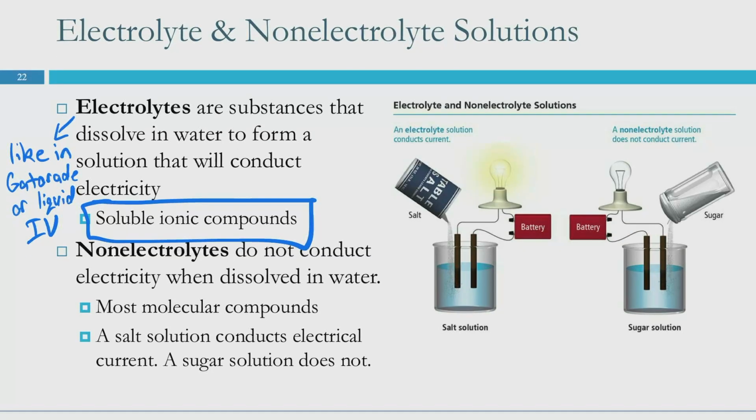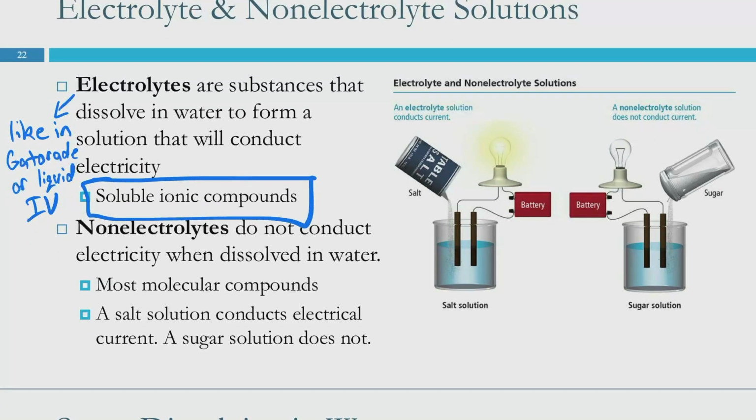There's also non-electrolytes. So a non-electrolyte solution does not conduct electricity when it's dissolved in water, and this includes most molecular compounds, like sugar. So the way that sugar dissolves when it's put into water is the sugar molecules are pulled away from other sugar molecules, but they stay intact as whole sugar molecules.